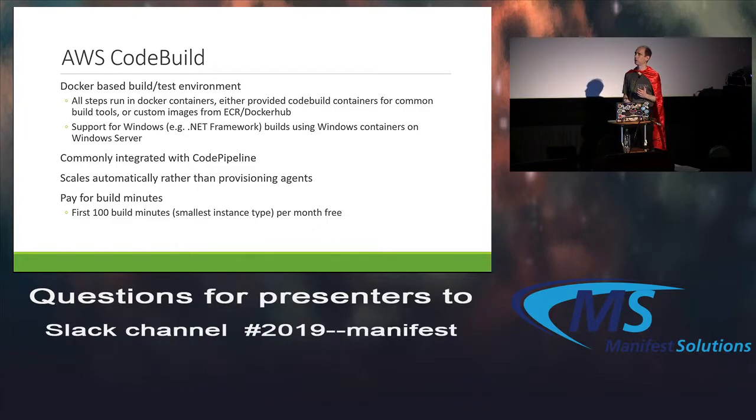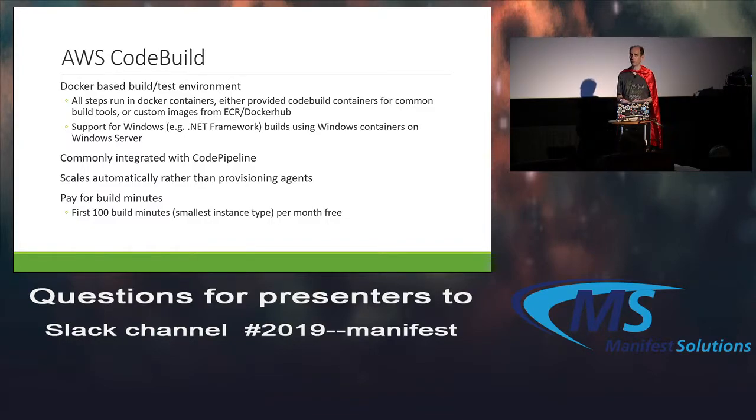All steps run in Docker containers, and they supply a whole bunch of CodeBuild containers that are pre-installed with common development tools, like Maven and Gradle for Java, or like the .NET tools for .NET Core. There is also support for building for Windows, so .NET Framework. And this makes use of Windows containers running on Windows servers behind the scenes. That's kind of nice because some of these container-based options don't support Windows.